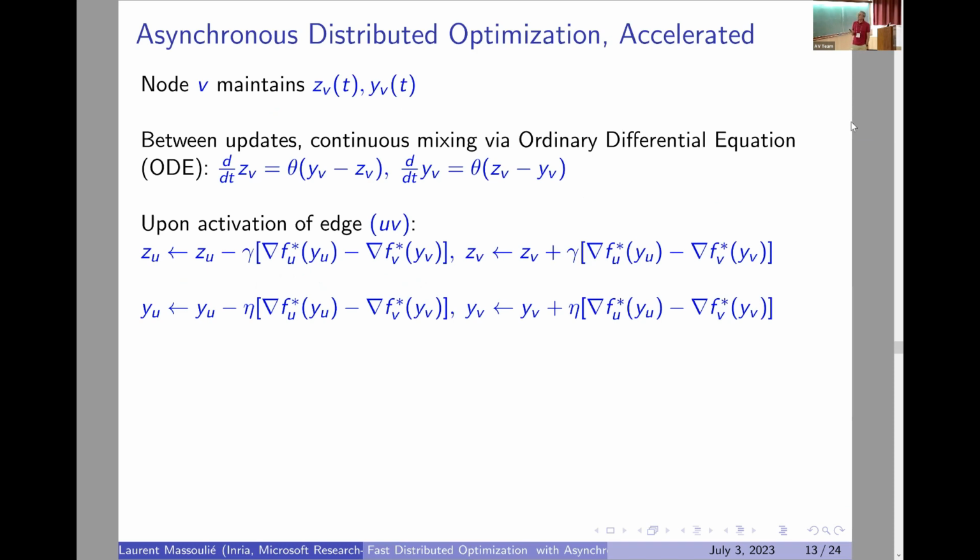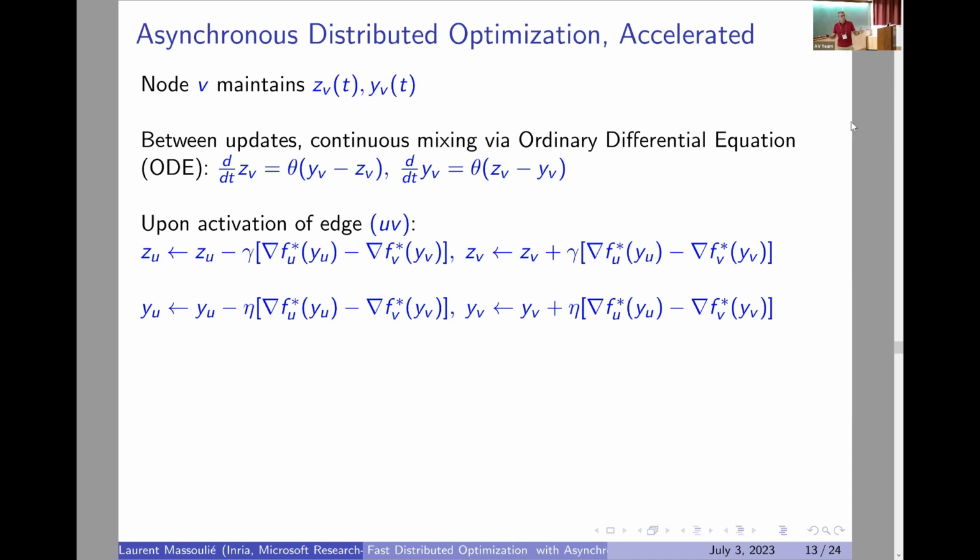So this is, in fact, a continuous, asynchronous version of Nesterov acceleration that we have here. So we want nodes to maintain two vectors, not one. And the logic of the scheme is as follows.